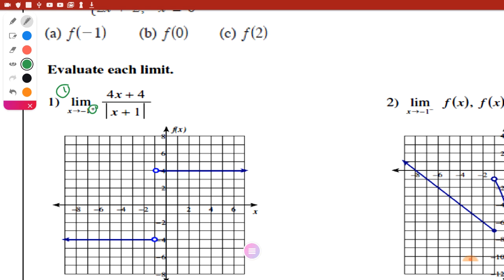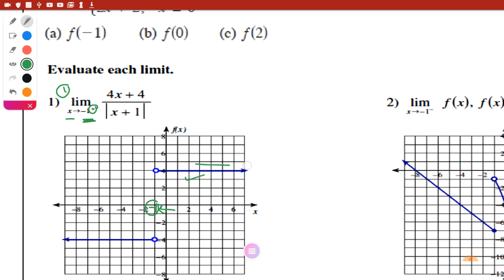Okay, where is -1? Identify the value of x on the x-axis. Then as x approaches to -1 from right, I go toward the -1 from its right. Go with the curve of the function, at the right of -1, until I reach above.